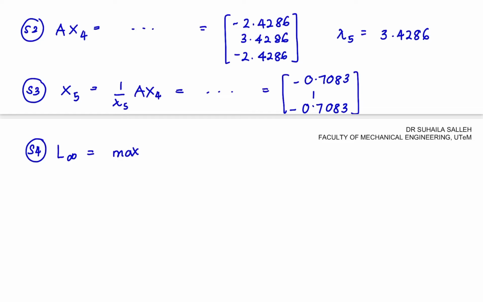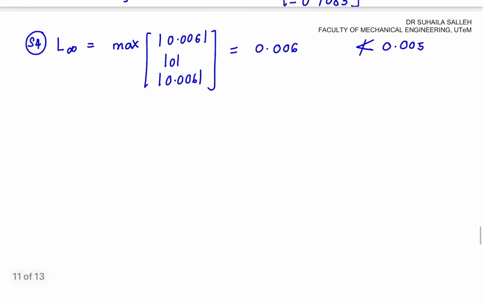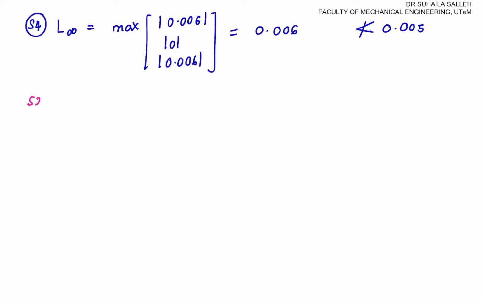So that will be the maximum value of the difference between the two, 0.006. Okay, so our value here is 0.006. That's a bit small, but does that satisfy our epsilon? So epsilon must be 0.005. Still no, we have to add one more. So bear with me.